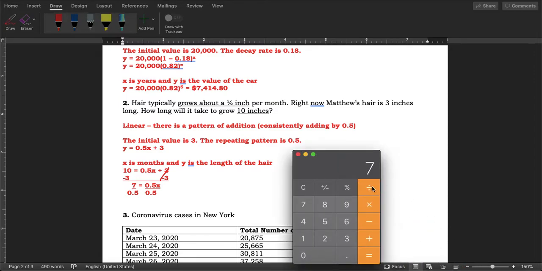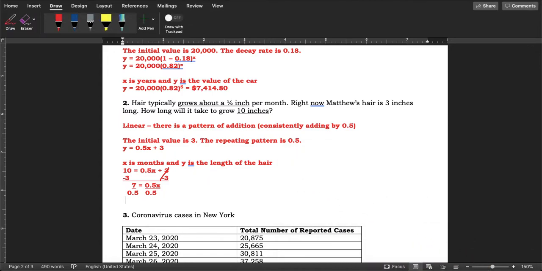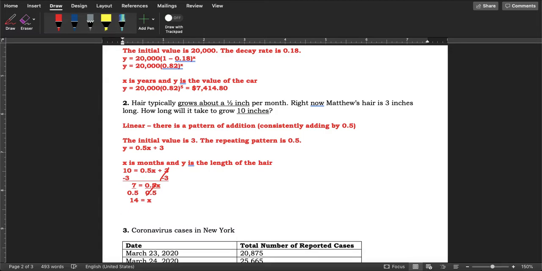If you use your calculator, 7 divided by 0.5 is 14. This cancels out. So it will take, remember, x is expressed in months. So this number represents months. It will take 14 months for this to happen.